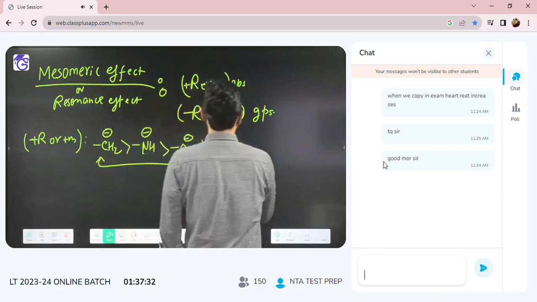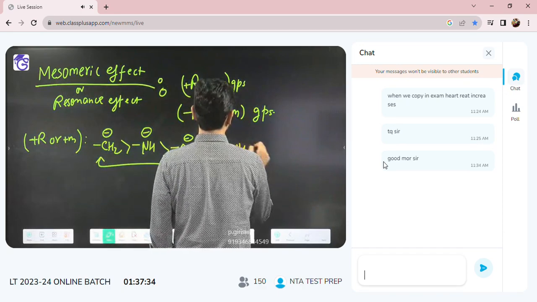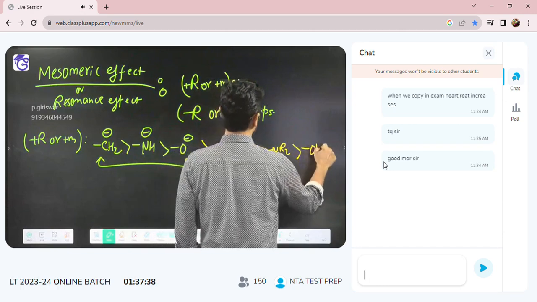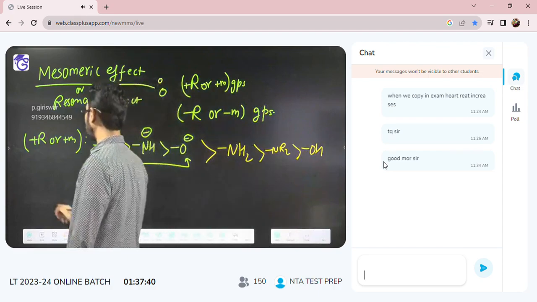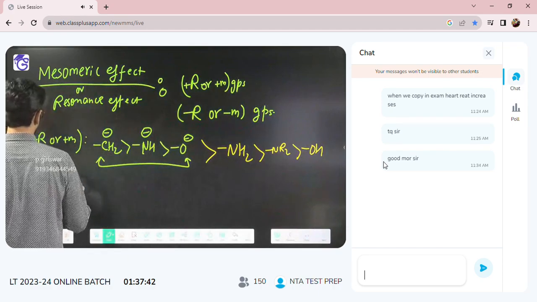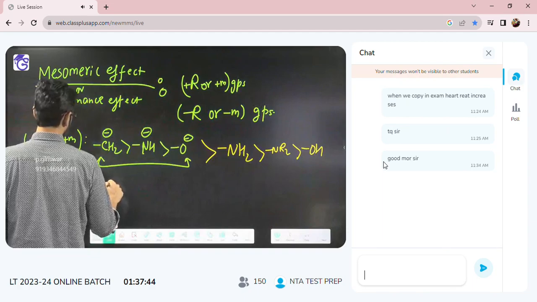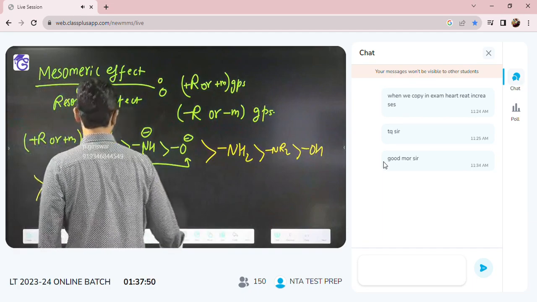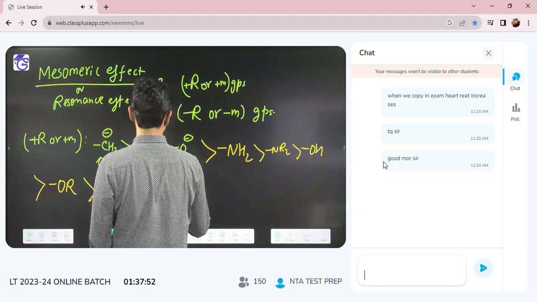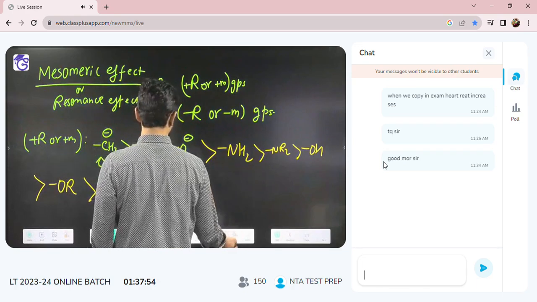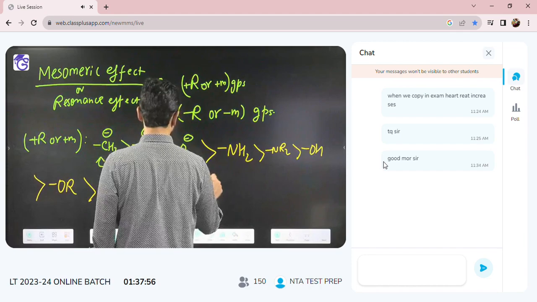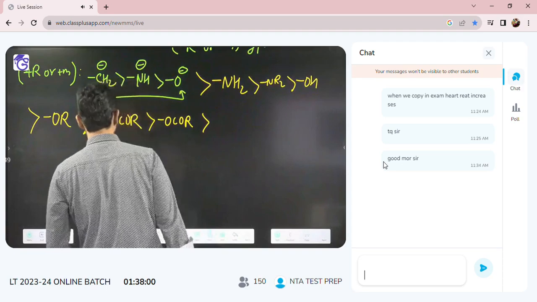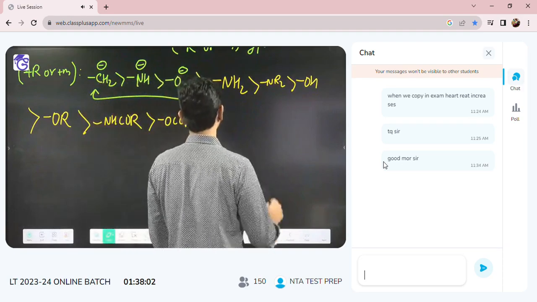Then you can write neutral examples: NH2, NR2, OH, OR, NHCOR, amide, OCOR, then halogens.